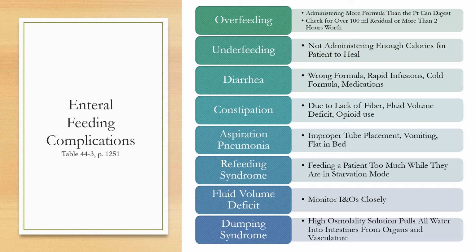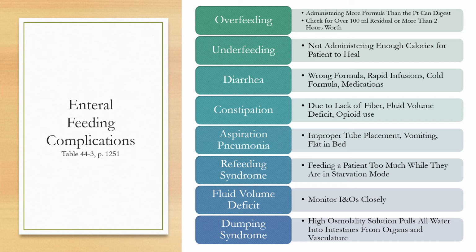Okay, so let's look at some complications of enteral feeding. Okay, so the first one would be overfeeding. So there's just too much volume of fluid that's getting into the stomach or the jejunum. Okay, and that's causing some abdominal distension, nausea, and vomiting.